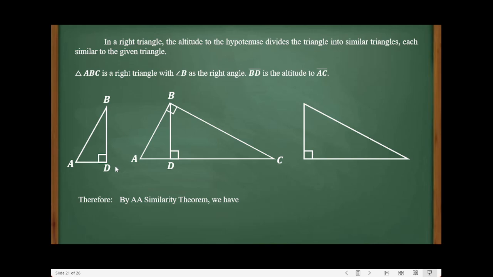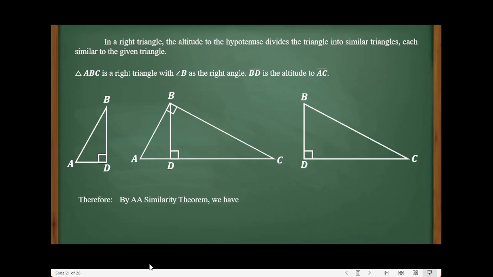The smaller right triangle is named triangle ABD, and the bigger portion of the original right triangle is named triangle BDC. Okay, this one, and this one right here is the smaller part.